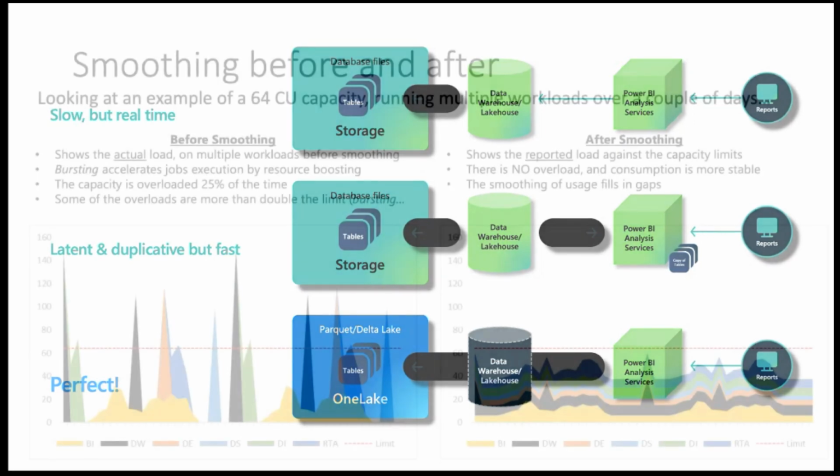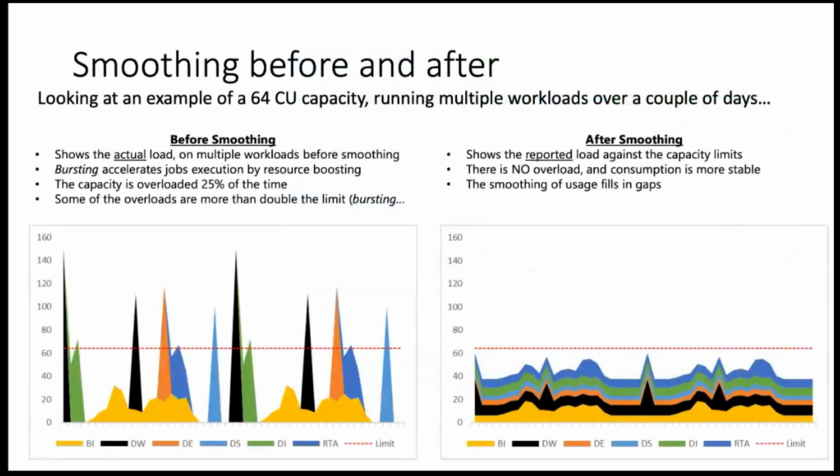So next slide, please. I wanted to do this slide very briefly, but there are concepts, if you're buying capacity, you may wonder how does that benefit us? One of the things it can do is smoothing, which is allowing these workloads to go past what you've purchased and smooth over time.